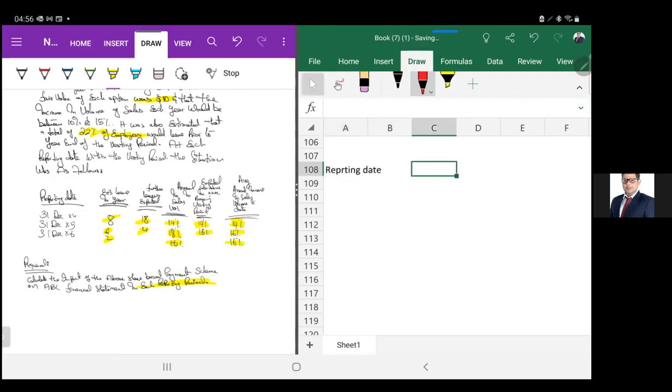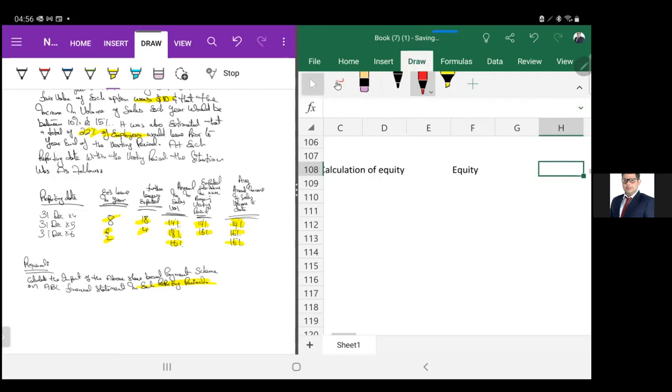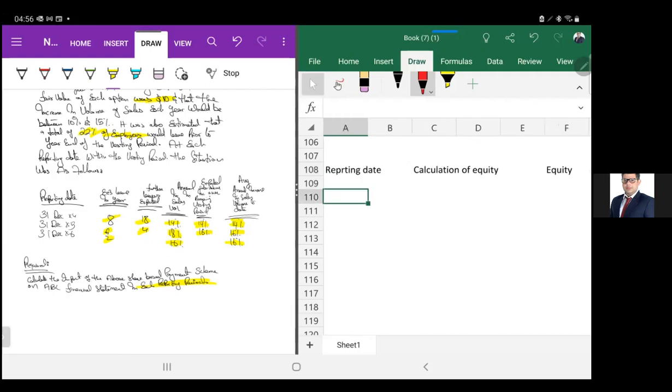Next heading, calculation of equity. Then next heading, equity. Then next heading is expense, right? So first heading 31st December X4 reporting day. Calculation of equity.